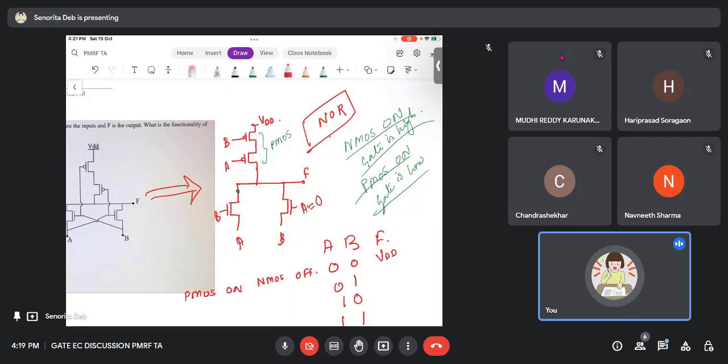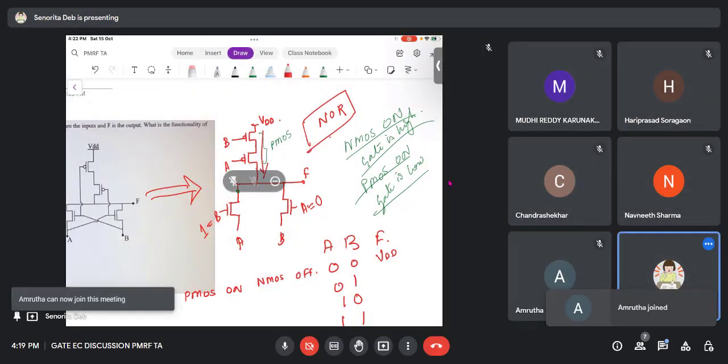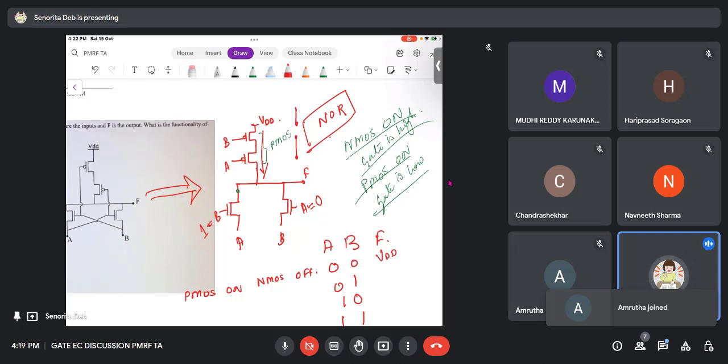If any one of them is 1, one of the PMOS is off. If one of the PMOS is off, there is no closed path, so this is an open circuit and no current flows. There will be nothing from up. What we will see, we will see from down.